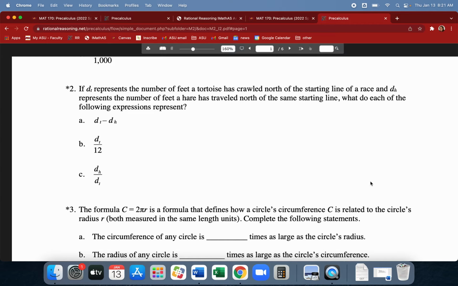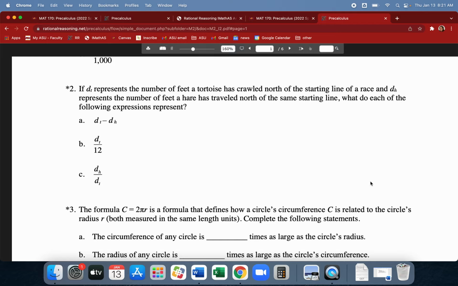I'll just do this on the board today since I'm still working on the other software. Here's the starting line. North. Let's say that's that way, typical map notation, up.